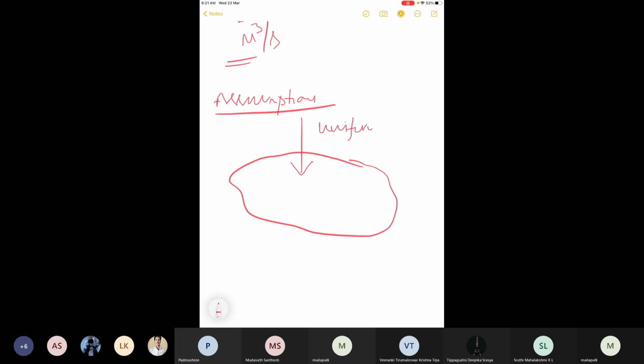So the rainfall should have a uniform intensity for a duration at least equal to time of concentration.